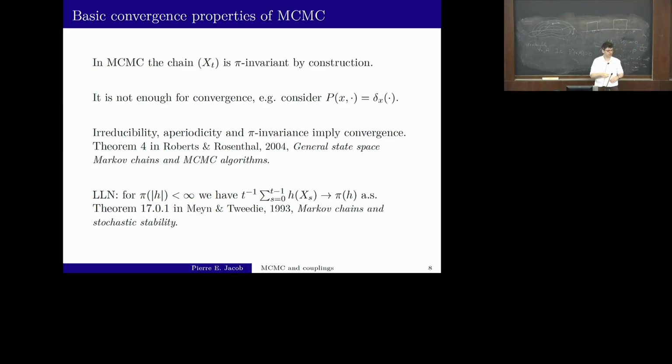So for any chain that has a possibility of staying where it is at the moment, so when there is a rejection probability, then it cannot be periodic. Because the fact that you can stay with some probability where you are will break the periodicity. So this will also not be a problem for MCMC.